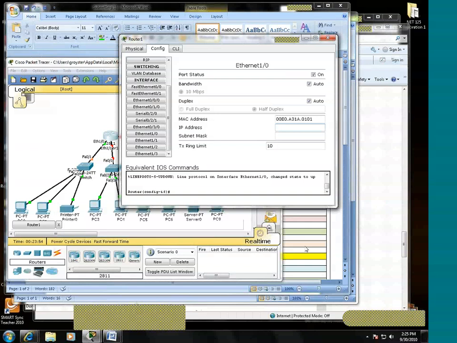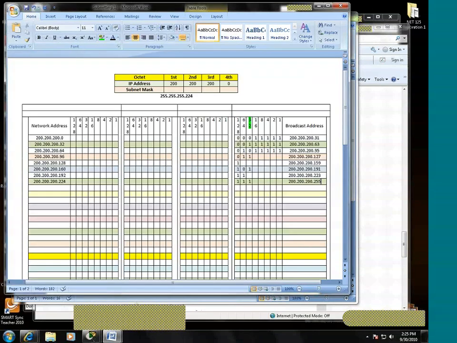Go back to the chart. Do we have to start with the first network? No, we can start here if we want. Okay, let's start there. We need to keep a pattern, so okay, we can start from the bottom and work our way up.